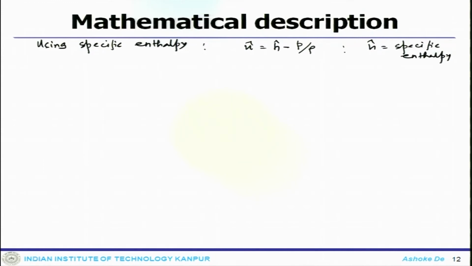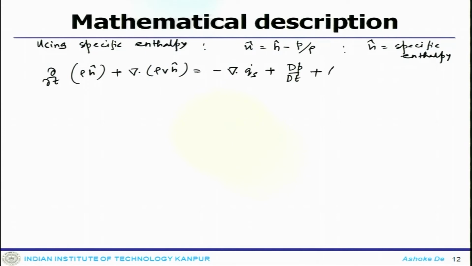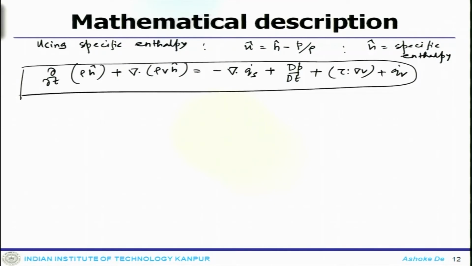If you write in that term, then it should be del/del t of rho H plus del dot rho V H equals minus del dot Q_s plus dP/dt plus tau double dot del V plus Q dot V. So, that is the form I can have in terms of enthalpy.